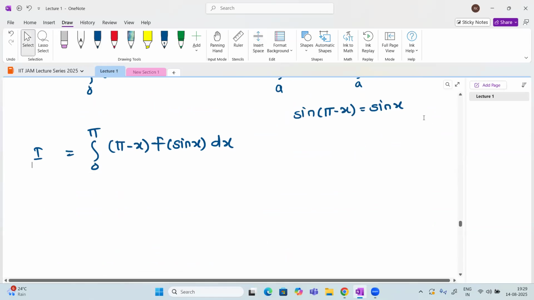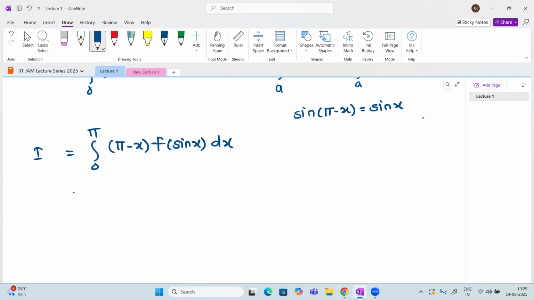Guess the next step now. So it will be the integral from 0 to pi of pi into f of sine x dx, minus the integral from 0 to pi of x f of sine x dx, right? Yes.